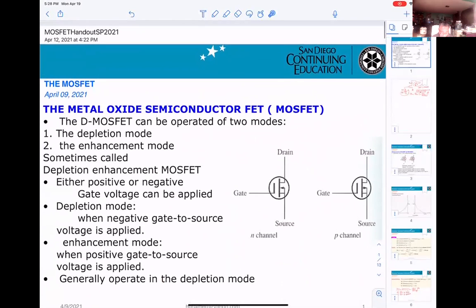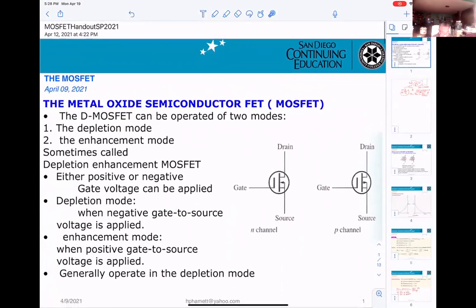Okay, I go back here. Sorry. The D MOSFET can be operated in two modes, the depletion mode and the enhancement mode. Normally they call it the depletion-enhancement MOSFET.